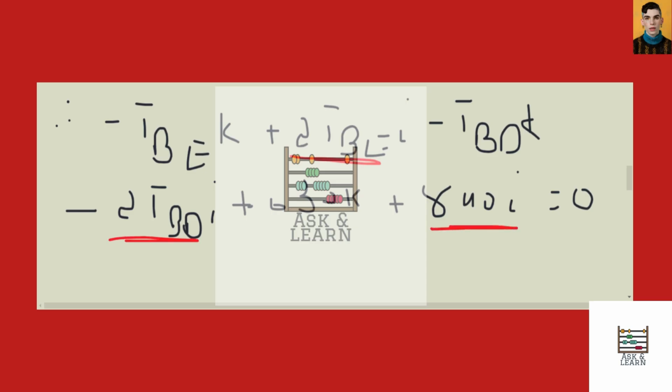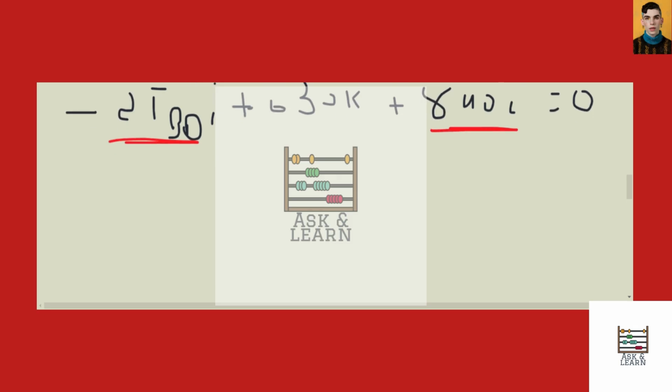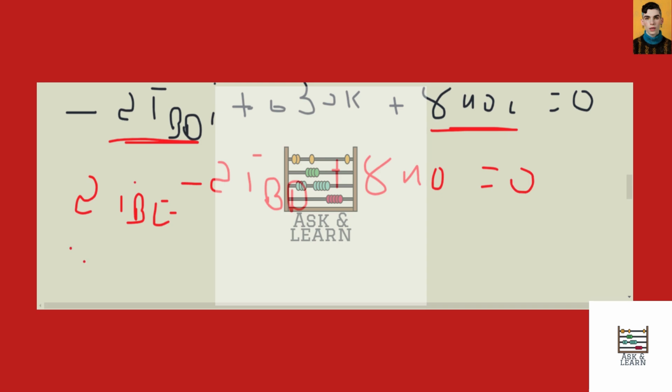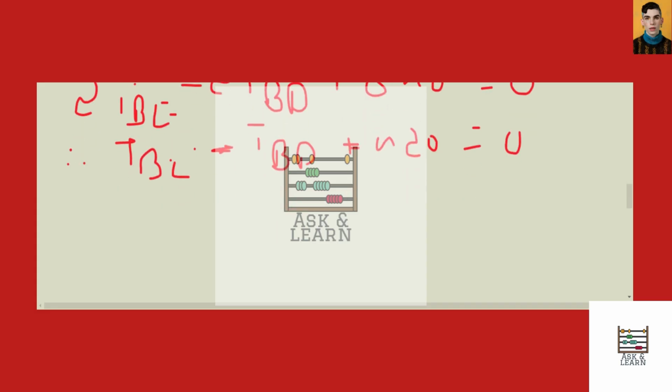So we equate all these I components to 0, which gives the answer 2TBE minus 2TBD plus 840 is equal to 0. So we will have TBE minus TBD plus 420 is equal to 0, as we have divided this whole equation by 2.